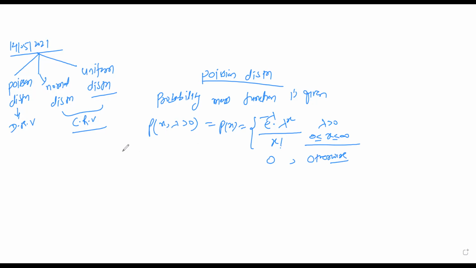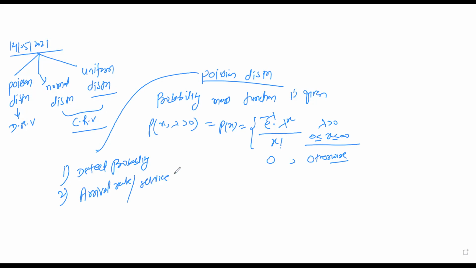So remember that this Poisson distribution is used to find out the defect probability, and second, to find the arrival rate or service rate.